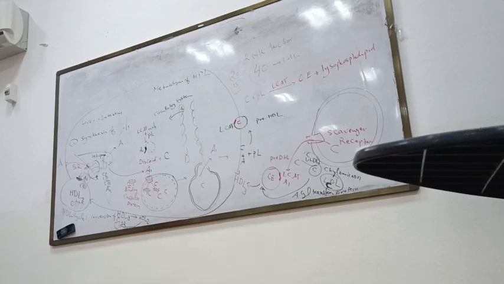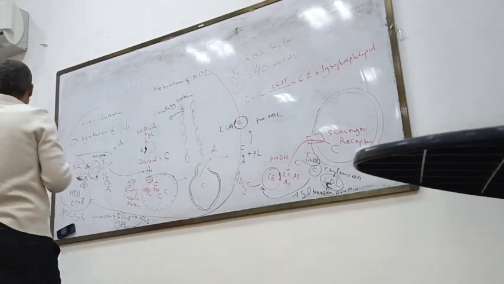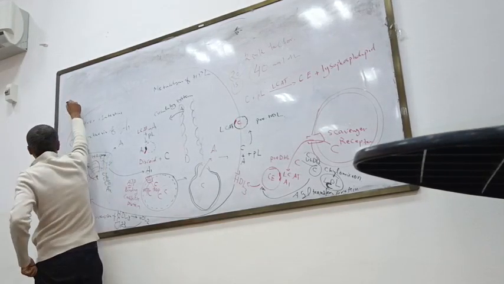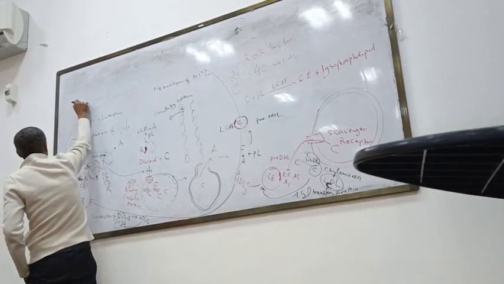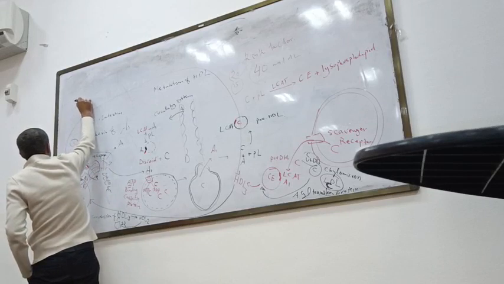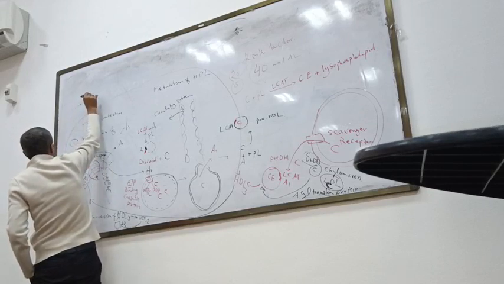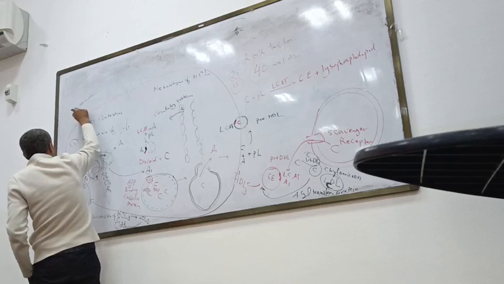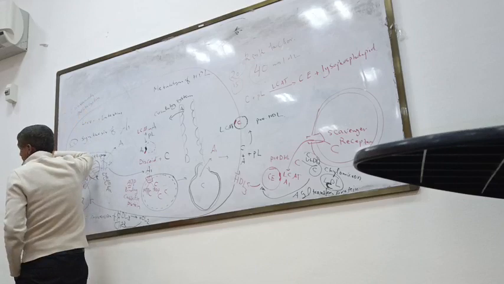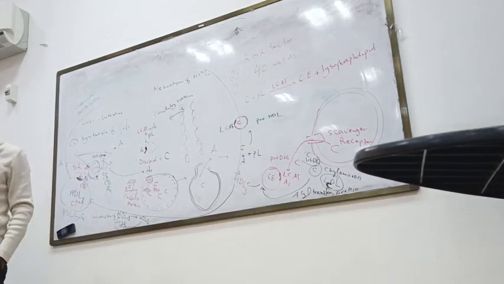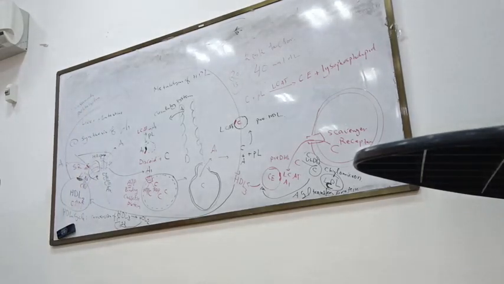Prostacyclin, what is prostacyclin? It is an eicosanoid. It is one of the prostaglandins. Prostacyclin has anti-inflammatory compounds.